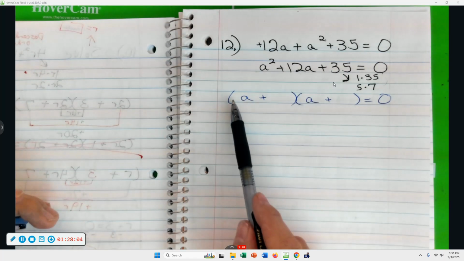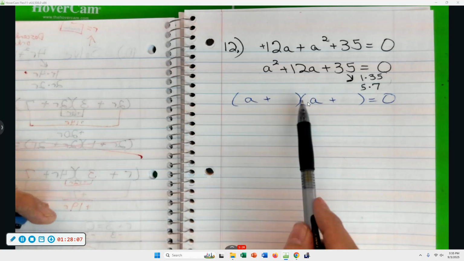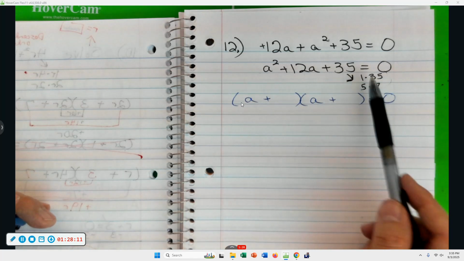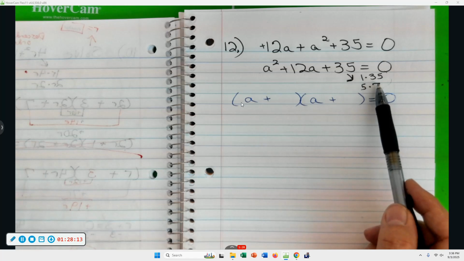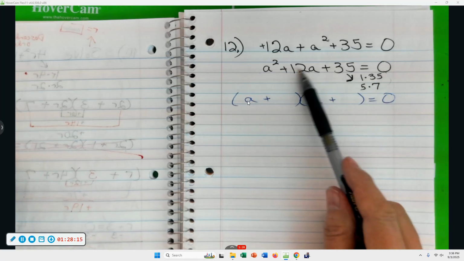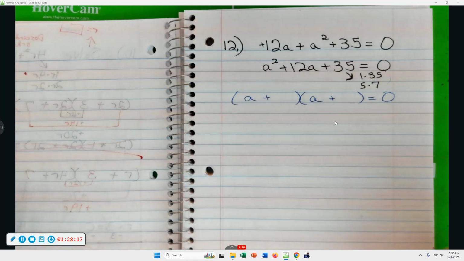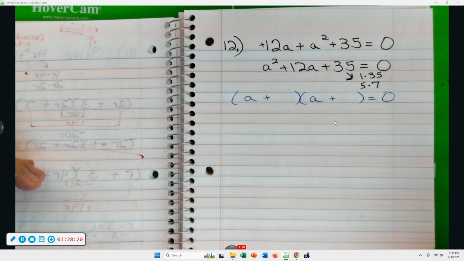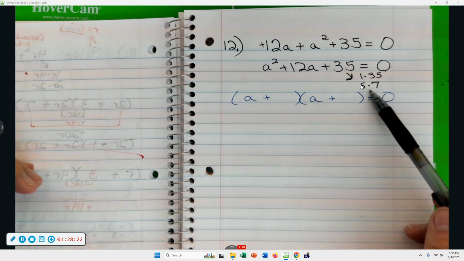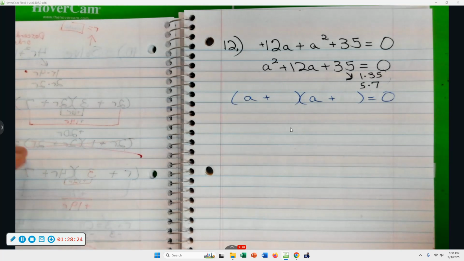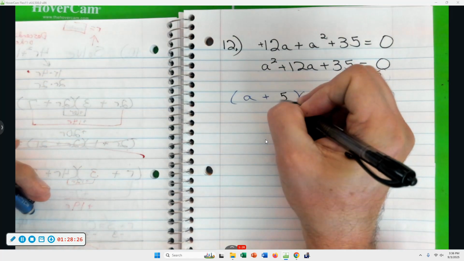When you don't have numbers in front of the first terms in the parentheses, the pair you use has to either add or subtract to give you this number here. In this case, add. What pair adds together to give you 12? 1 plus 35 or 5 plus 7? 5 plus 7. 5 and 7.